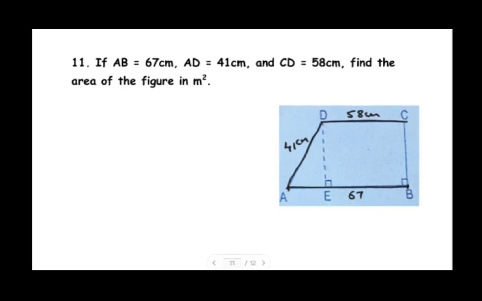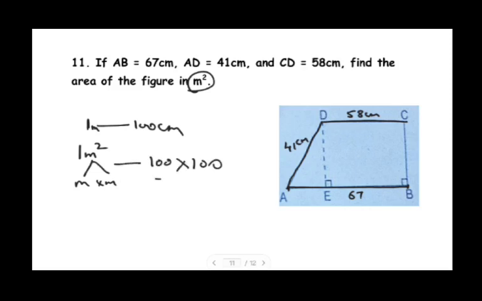Remember, this meter square, centimeter square, all this goes a little tricky. 1 meter is equal to 100 centimeters. So 1 meter square, which simply means meter into meter, will give me 100 into 100. If I have to convert meter square into centimeter square, children, very tricky.